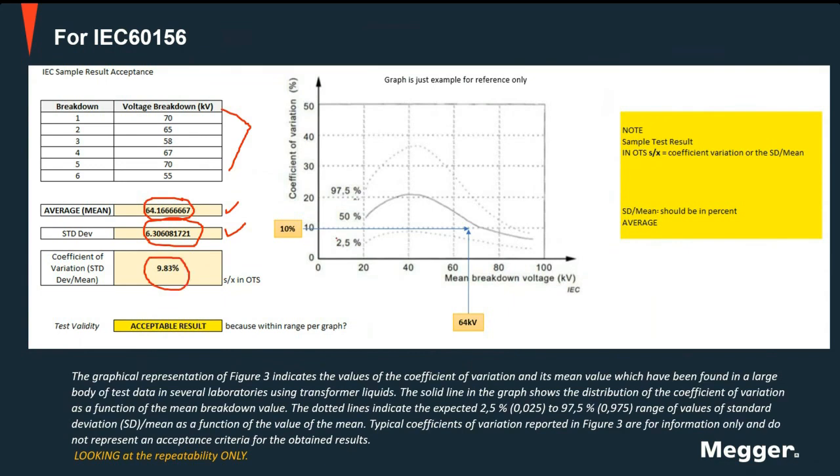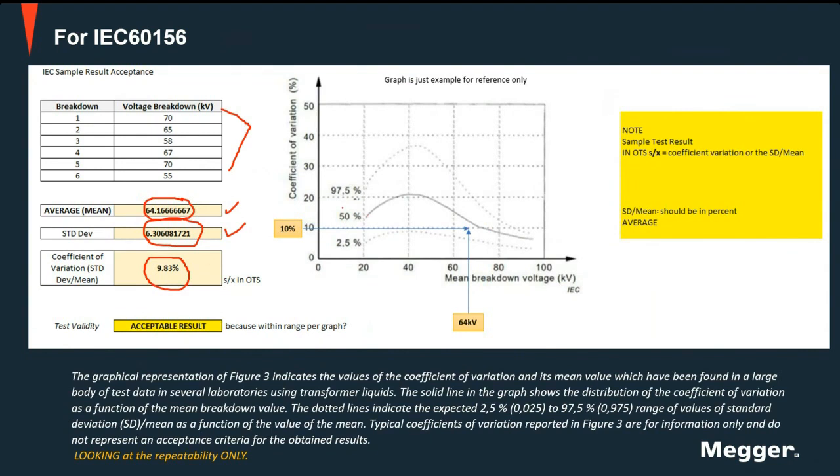Now, this is the graph of the coefficient of variation. This is just an example. You will see this one from the standard, but this will be based on your actual testing. All right?